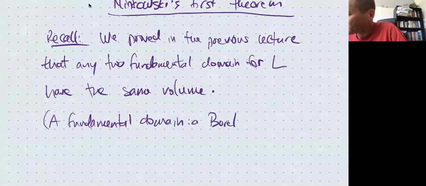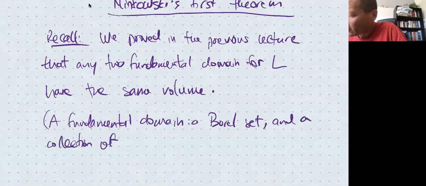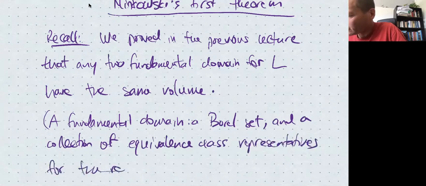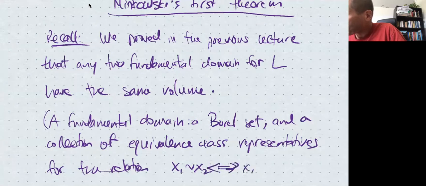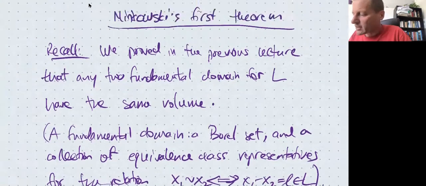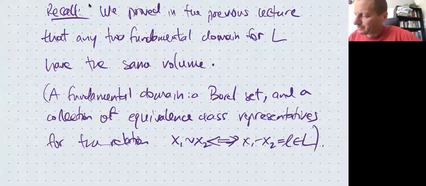It's a Borel set and a collection of equivalence class representatives for the relation: x1 is in relation with x2 if and only if x1 minus x2 is some element of the lattice. So a fundamental domain intersects every equivalence class exactly once, and it's a Borel set. That's the definition of a fundamental domain.